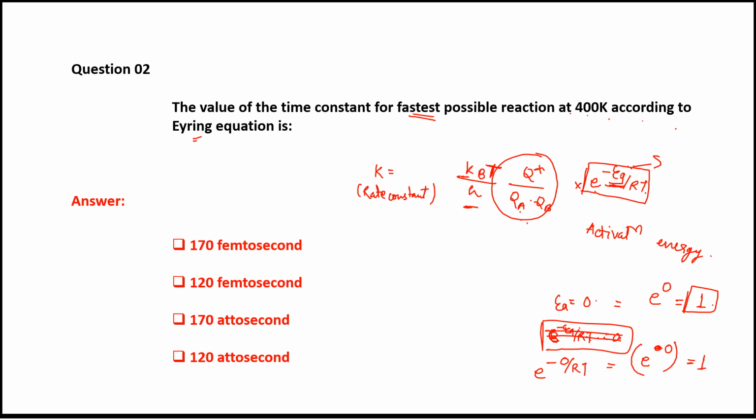Q star upon Q_A into Q_B is the partition function which relates to the populations of A and B, and for this also we consider the value to be 1. Now K is equal to k_B T by h into 1 into 1.